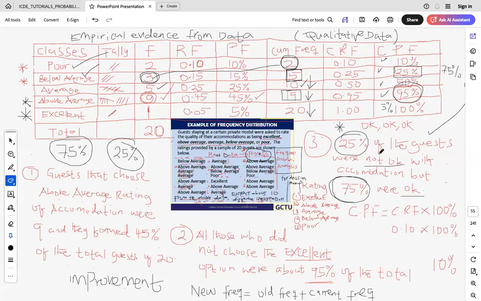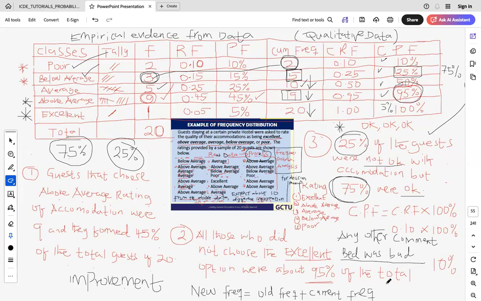Probably when we are filling forms, you see that sometimes you give an option, any other comment. So when you look at the any other comment form, maybe the person has written that your bed was bad, I couldn't sleep.